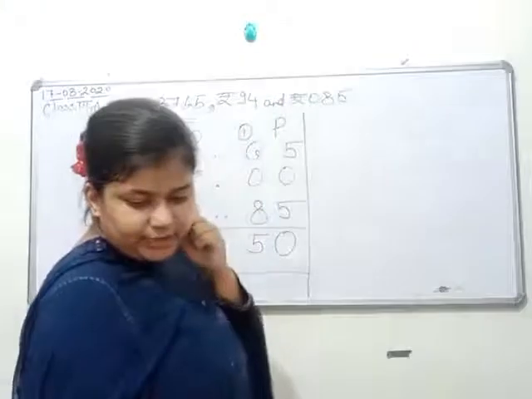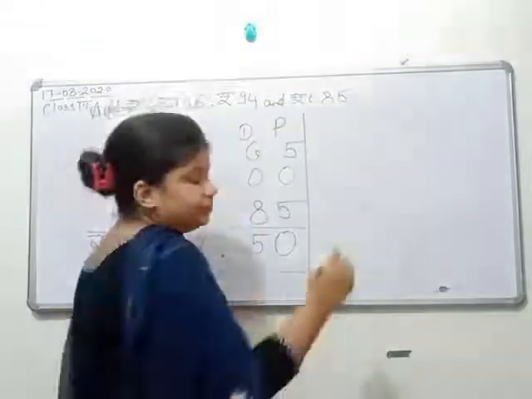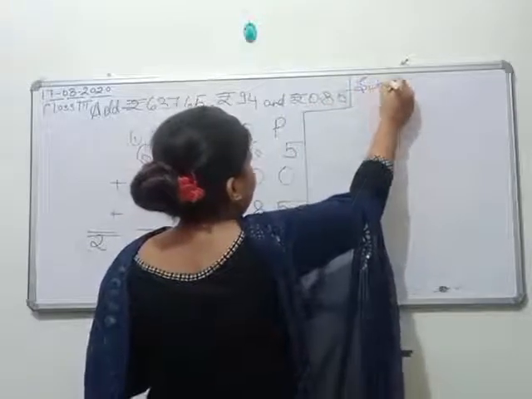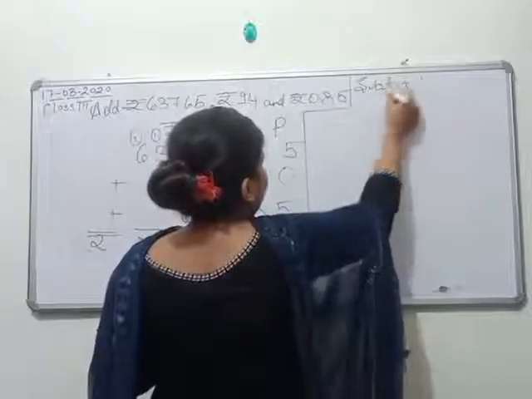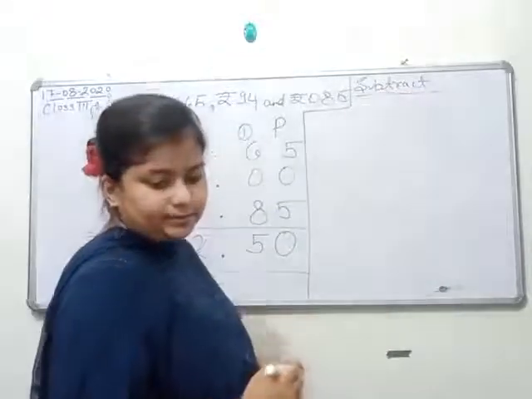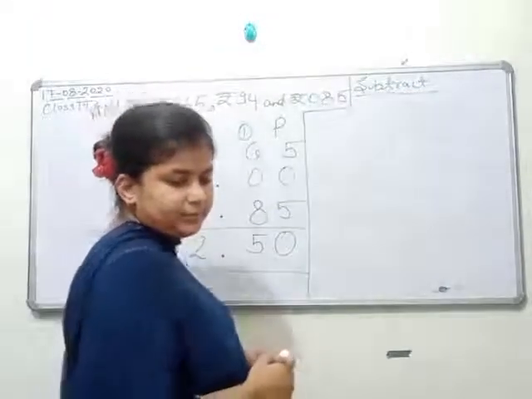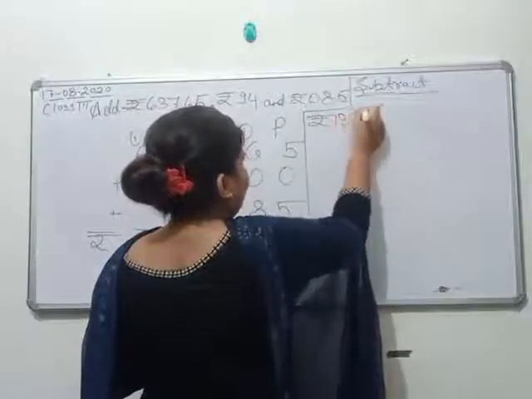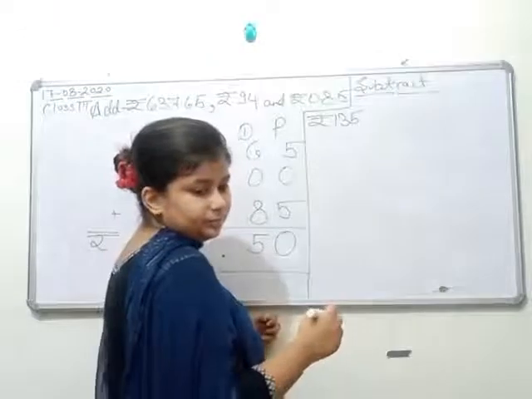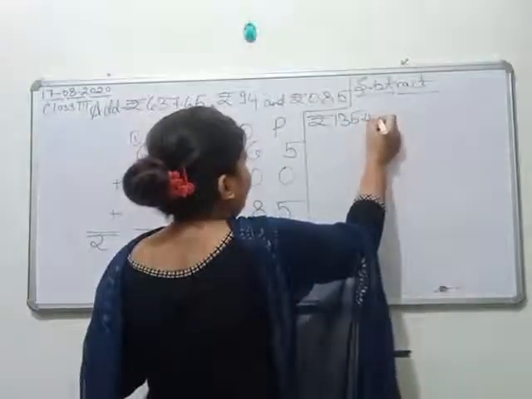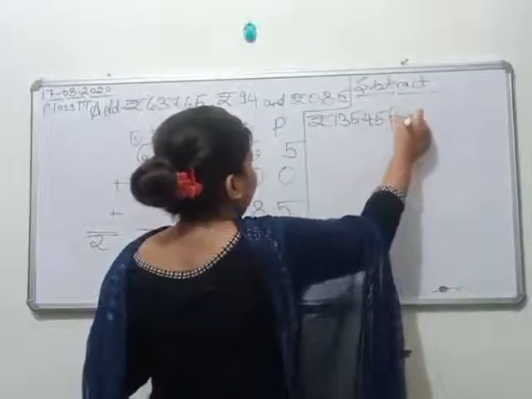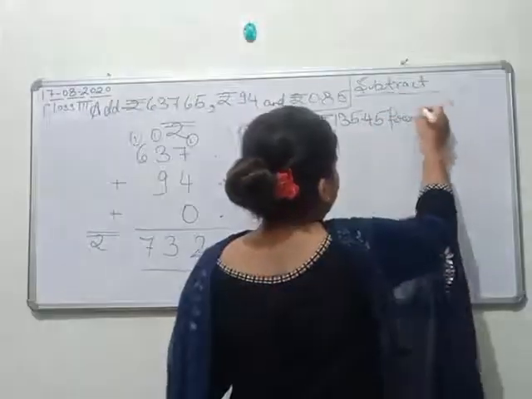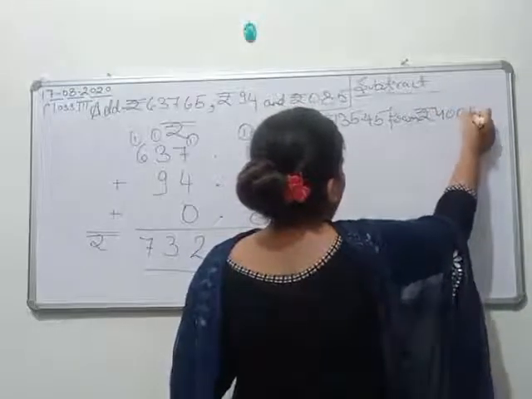Now we have done one question on addition, so let us do this question also. Our next question is subtract 135.45 rupees from 400 rupees and 20 paise.